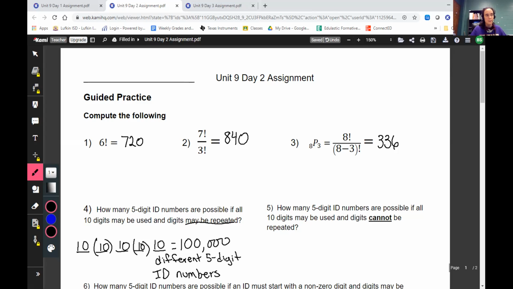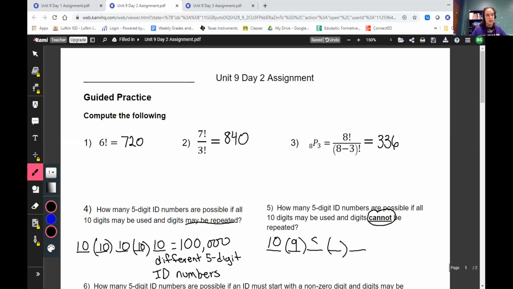Number 5, how many 5-digit ID numbers are possible if all 10 digits may be used and digits cannot be repeated? So again, we have 5 spots to fill. We're trying to make a 5-digit ID number. So we need 5 blanks. And this time, digits cannot be repeated. So once we put down a number in that first blank, we can't use it again.